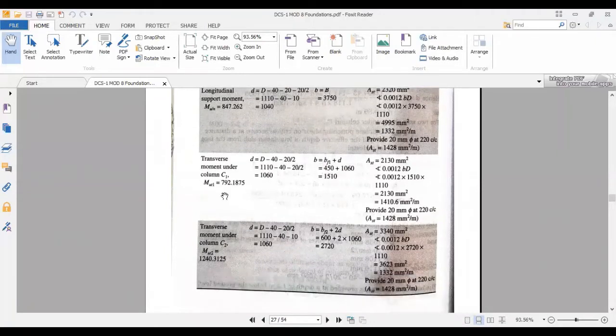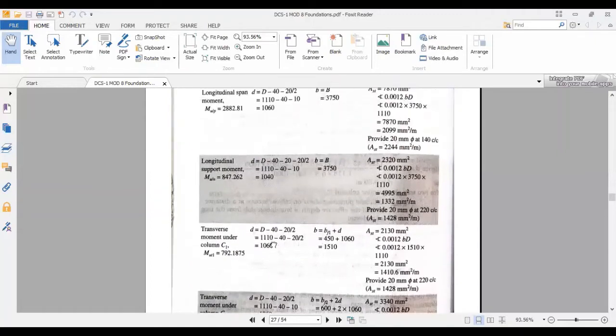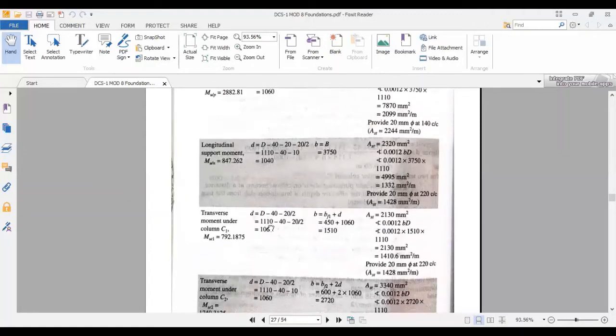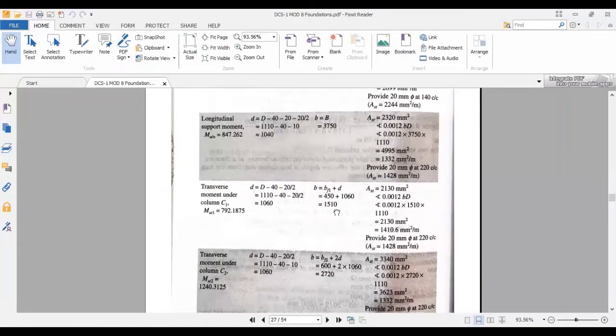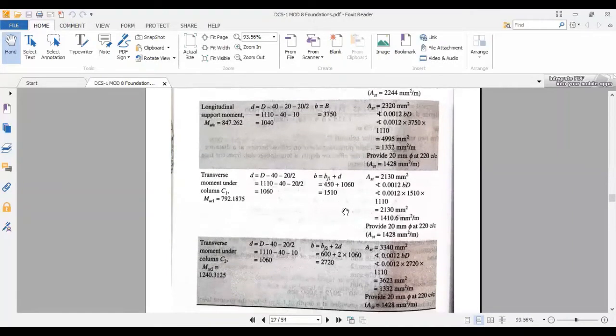Then next is transverse moment under column C1, MUT1, and it will be 792.1875 as we know, and the D value would be same as the longitudinal span moment, and B value would be BF1 plus D, so it will be 450 plus 1060, and it gives 1510 mm.